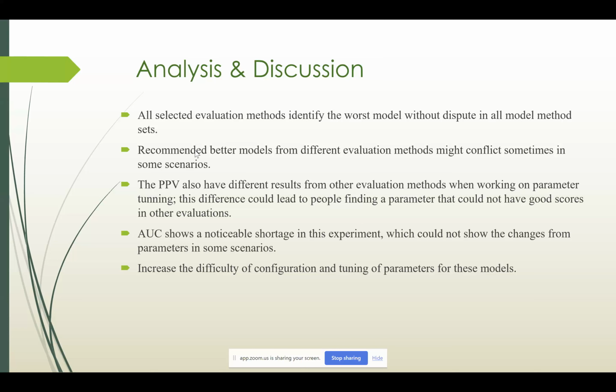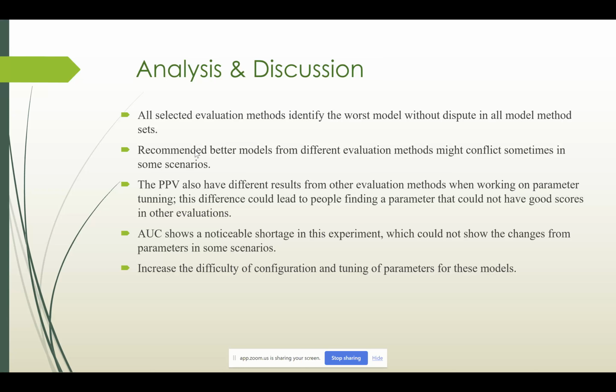So all of those issues will increase the difficulty of configuring and tuning parameters for those models, and create more issues when people try to improve or optimize their SDM.